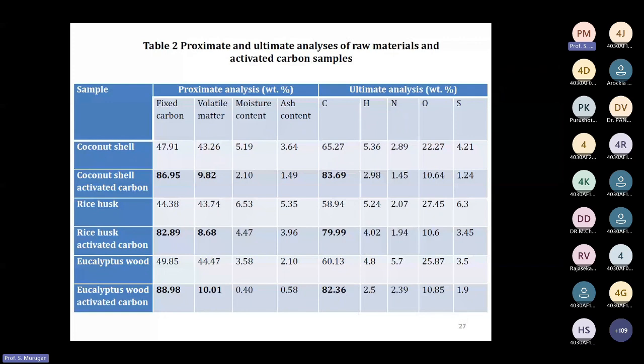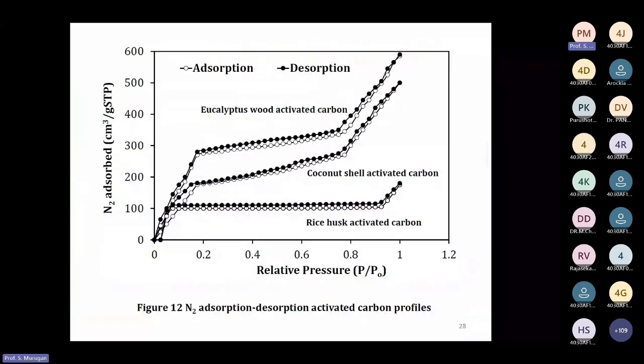One has to, of course, understand how activated carbon is used to capture CO2. There are two terms: adsorption and desorption. It will capture and release. In that way, the adsorption and desorption characteristics were studied for these three samples: coconut shell activated carbon, rice husk activated carbon, and eucalyptus wood activated carbon.